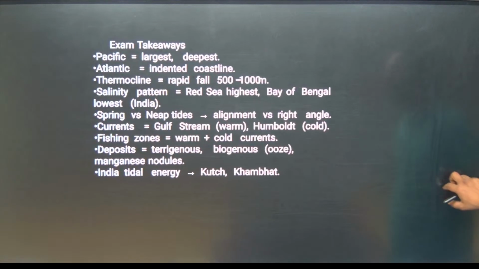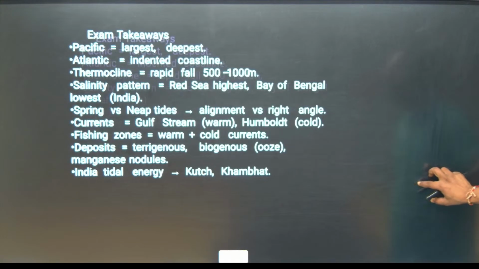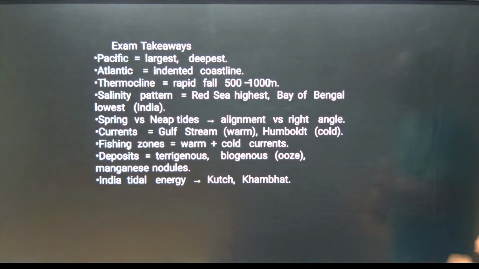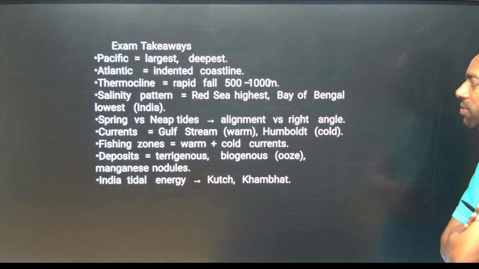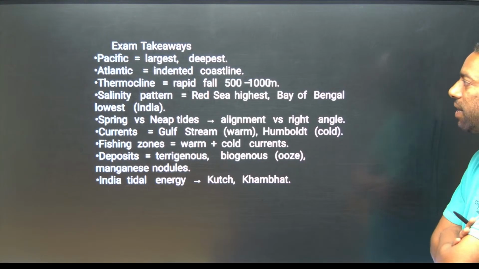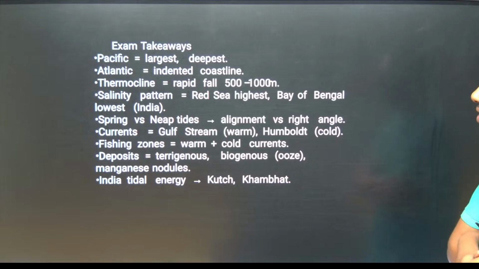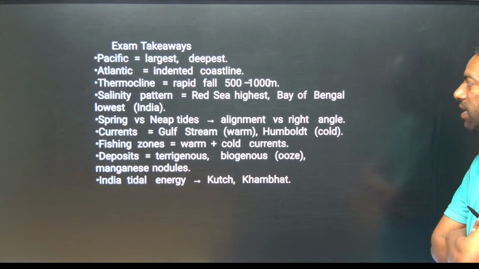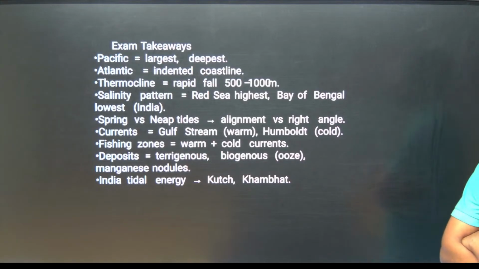Exam takeaway: Pacific Ocean is the largest and deepest ocean. Atlantic has a highly indented coastline, and a lot of trade took place in the Atlantic Ocean. Thermocline is the rapid fall of temperature for every 500 to 1000 meters. Salinity pattern: the Red Sea has the highest salinity, Bay of Bengal the lowest.